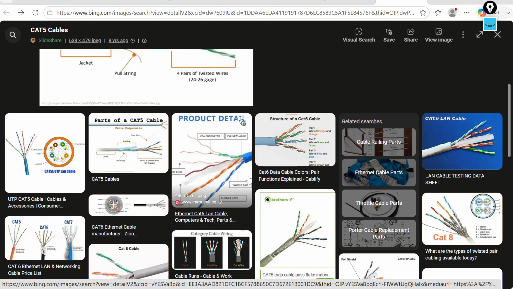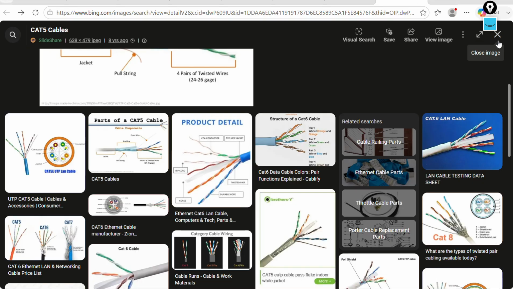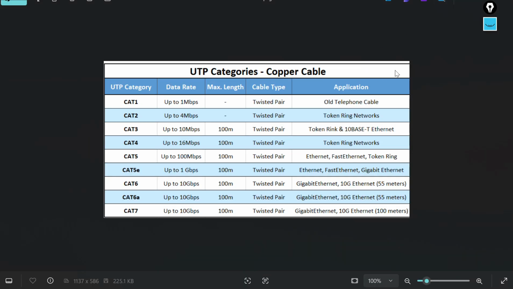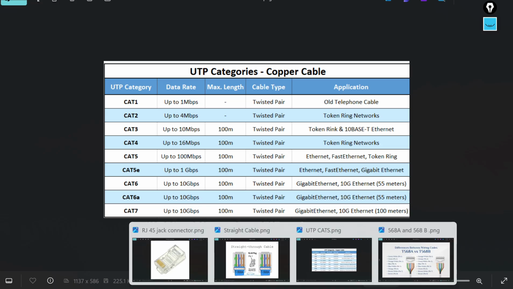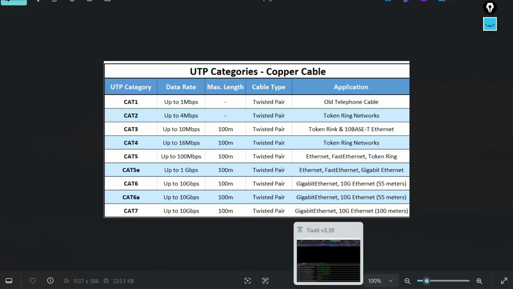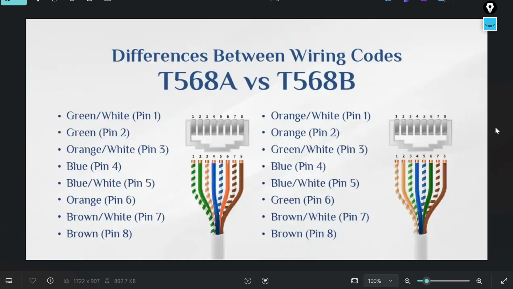Okay, so the next is again in UTP cable, again we have two types of cables. One is straight cable, one is cross cable. Straight and cross cable. So what is the difference between straight cable and cross cable?